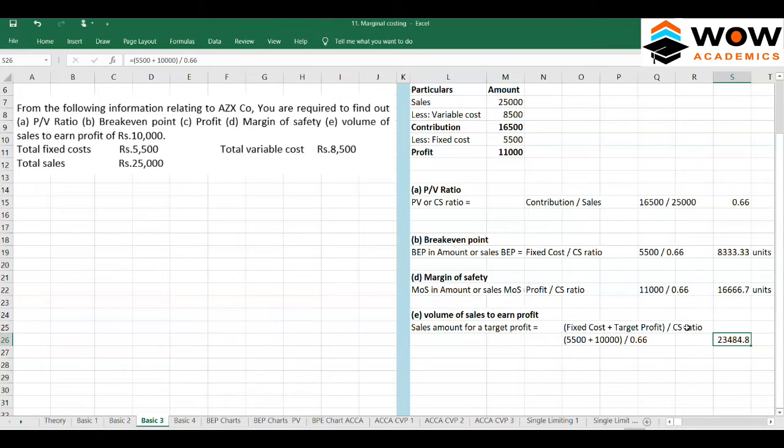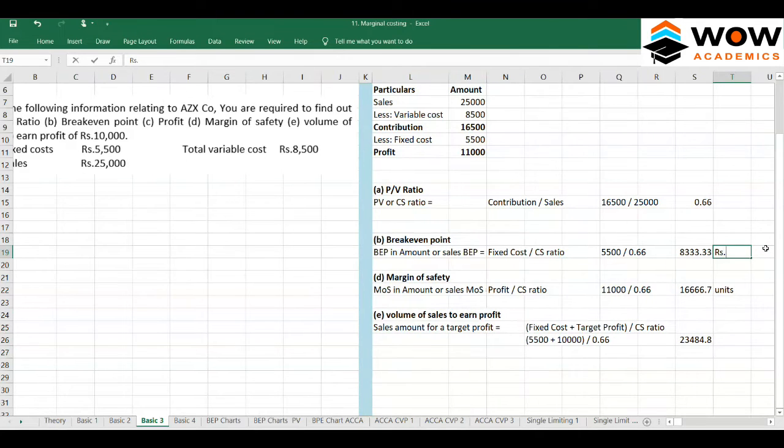I think we've made a small mistake. Whenever you divide by CS ratio or PV ratio, the answer that you get is the amount. So it's going to represent the dollar or rupee. Here it is rupee, here also it is rupee.